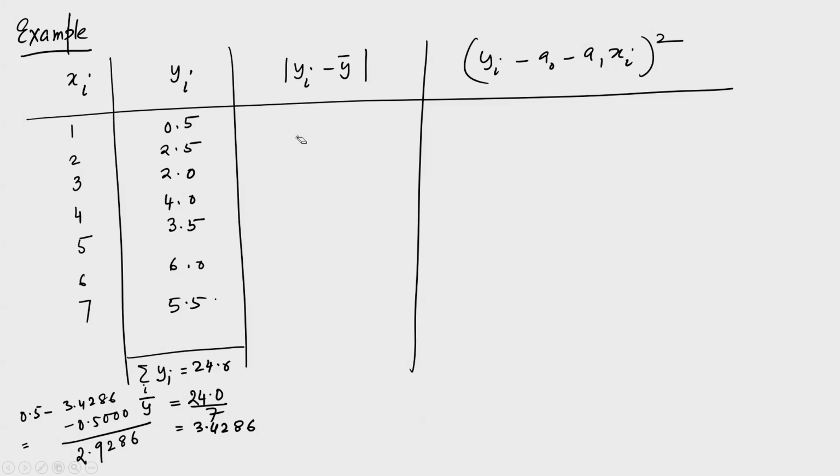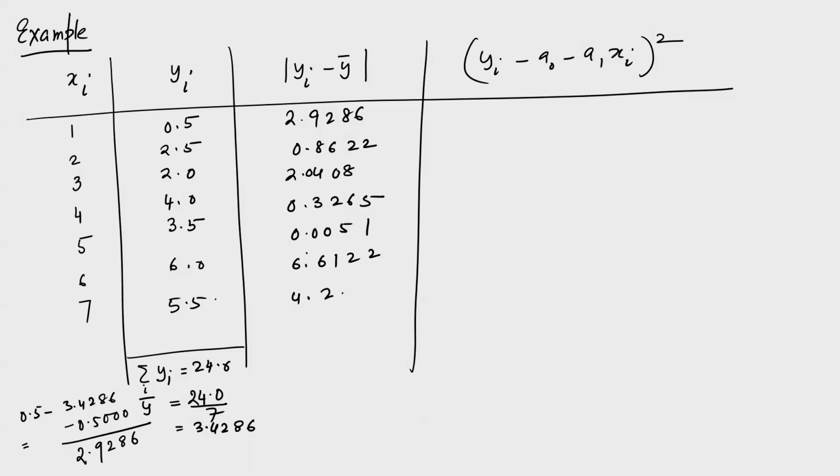Please see these things: 2.9286. Then we have 0.8622, 2.0408, 0.3265, 0.0051, 6.6122, 4.2908 and so on.